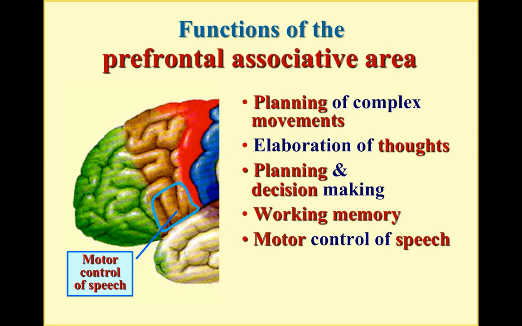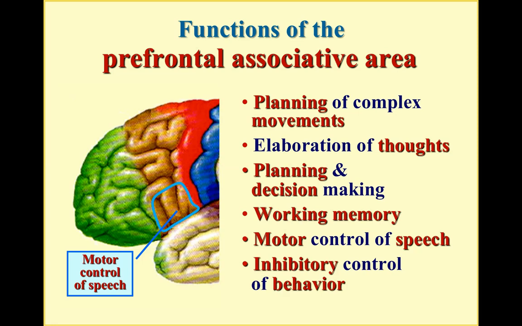And so this program is given then to the primary motor cortex, and primary motor cortex sends it down to vocalization muscles. So motor control of speech is located in the frontal lobes and exactly in the prefrontal associative area. This center has the name of Paul Broca, the physician who studied this, and we'll consider later.